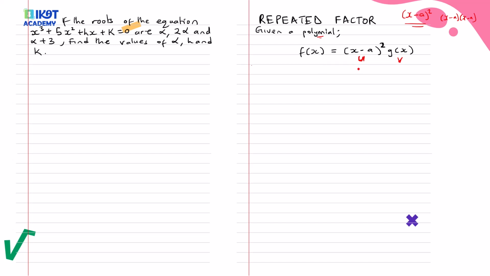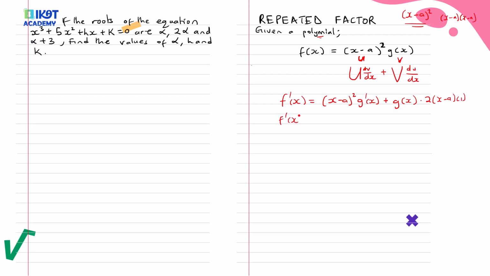To differentiate this, it would be u dv/dx plus v du/dx. So what is u? u is (x - a)². What is dv/dx? We differentiate this. This is this plus v. What is v? g(x). du/dx is going to be 2(x - a) times 1.